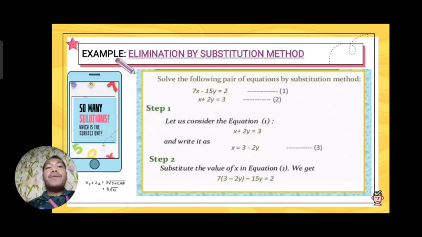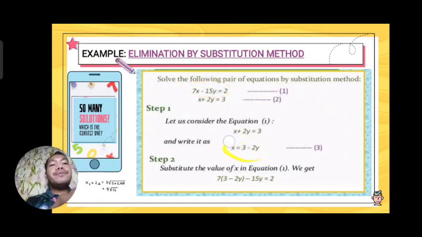So in step 2, substitute the value of x in equation 1. We get x equals to 3 minus 2y. So we will substitute it in our first equation. The value of our x will be this one.